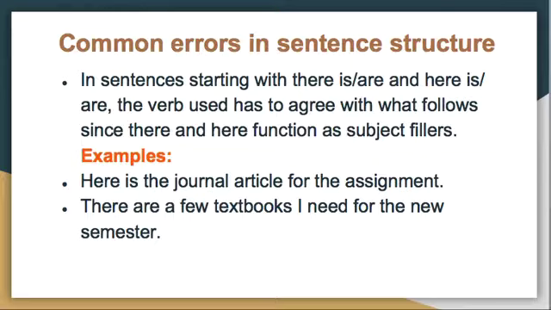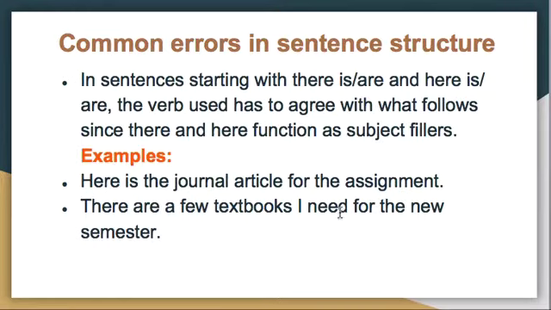So the other strategy: in sentences starting with there is, there are, and here is, here are, the verb used has to agree with what follows, since there and here function as subject fillers. So for example, here is the journal article for the assignment. And the next example, there are a few textbooks I need for the new semester.